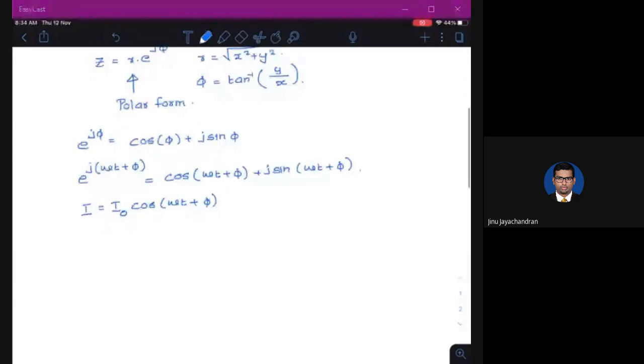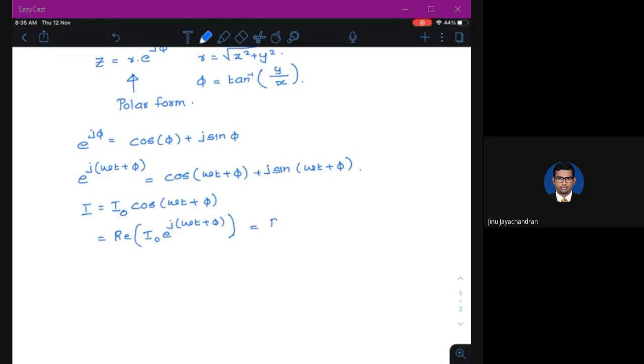So this I can write as the real part of I0 e raised to j omega t plus phi. Because when you take the real part of e raised to j omega t plus phi, you get cos omega t plus phi, and I0 is some constant.